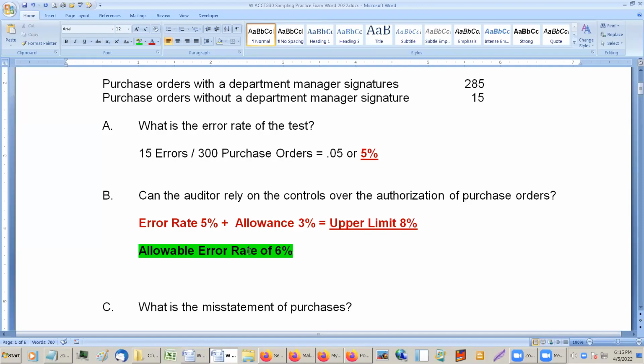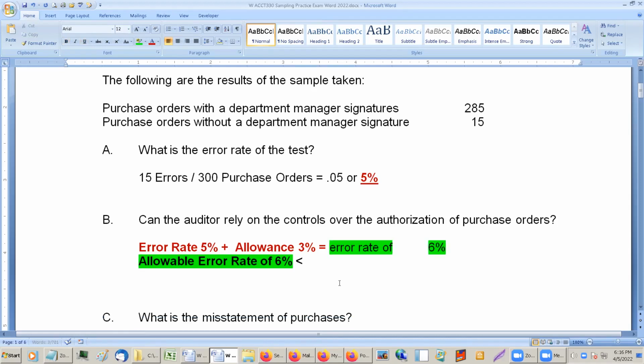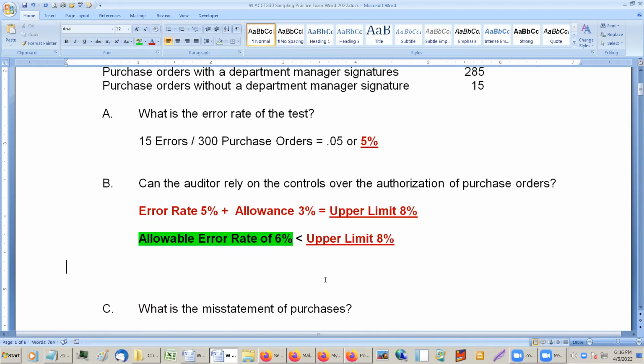So you'll have an allowable rate, and this has to be lower than the upper limit. If the upper limit is higher, then this cannot be relied upon.